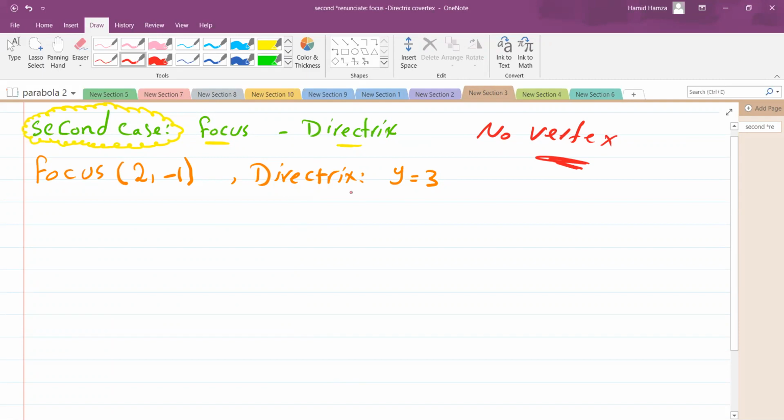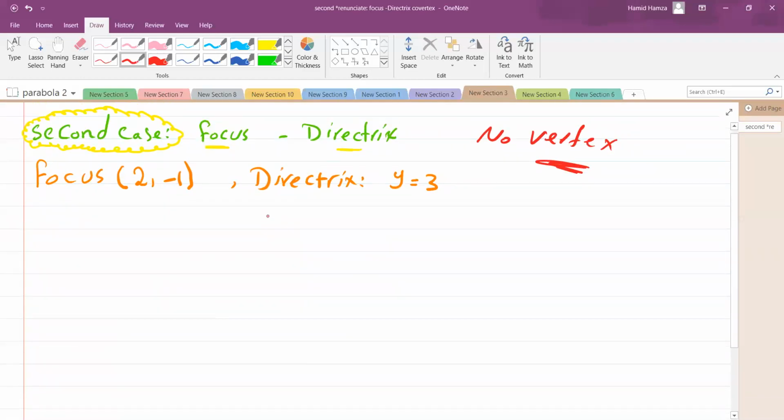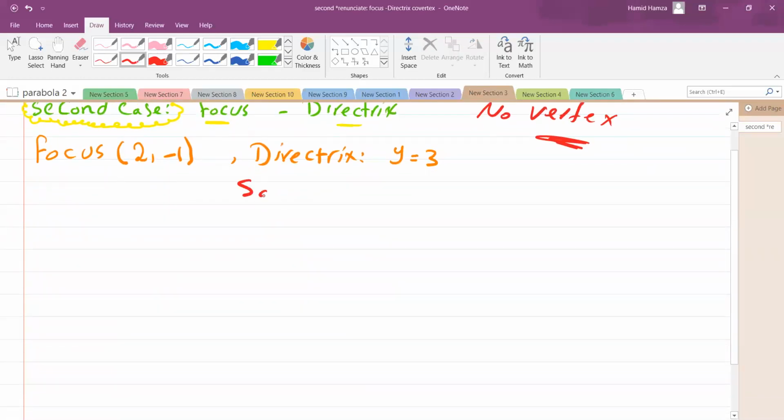As I mentioned, we must always start by writing the vertex. If you don't know the vertex, write it also. So always I'll go from the vertex. So the vertex here is H and K, which are unknown. H and K are not given.